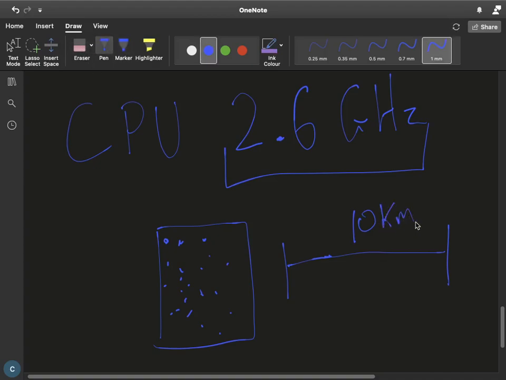Right, 10 kilometers, and I'm going 10 kilometers per hour. That means I'll get there in 1 hour, right? And it's a similar principle. That's a slow speed. So this wouldn't be a very good speed for CPUs to run, because it would take so long for the processing to be done.